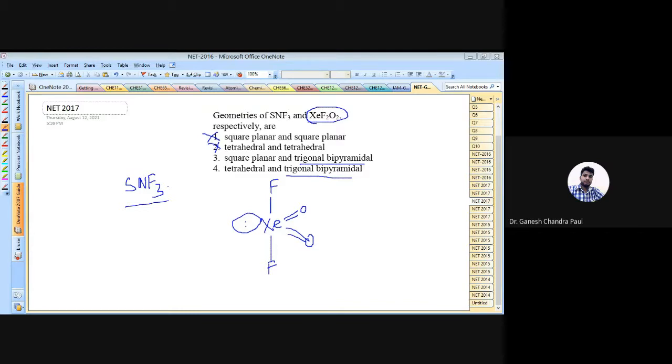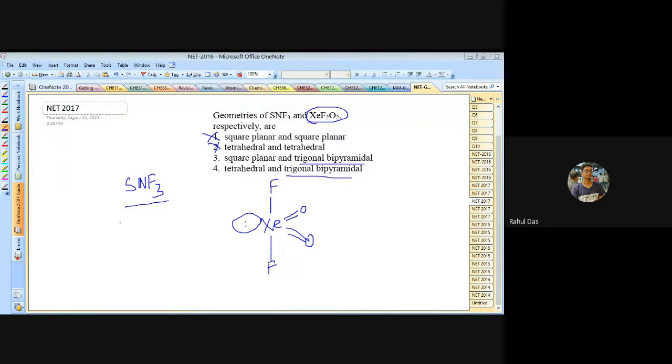Tetrahedral. Yes, sir. How? Sir, the hybridization is sp3, sir. How? Yes Rahul, your answer is correct, but how do you have to understand? Okay.